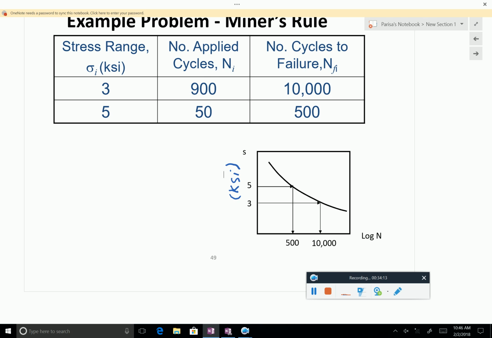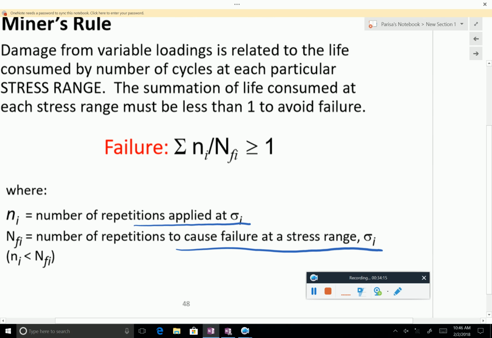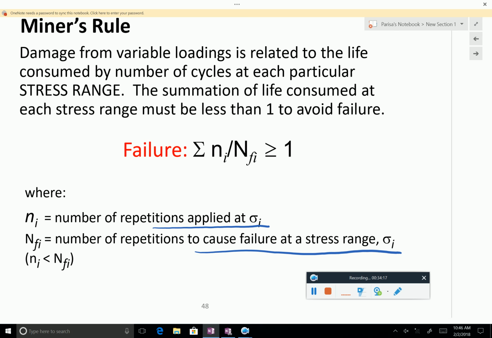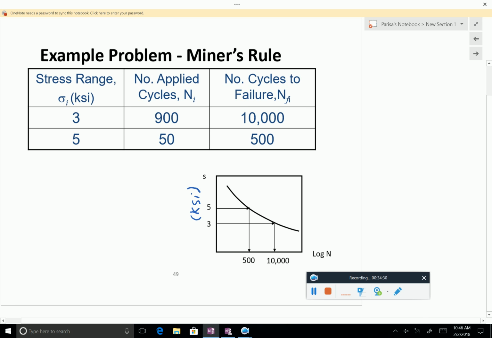So let me show you the equation. This is the number of repetitions applied at each stress level. This is the fatigue life at the same stress level. So in this example, it will look like this.